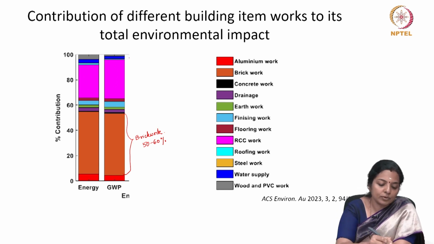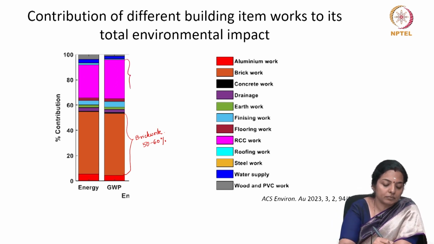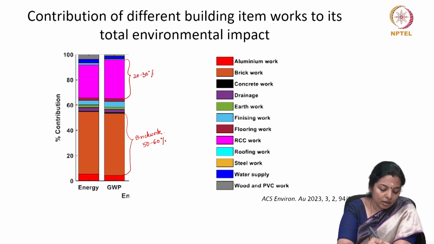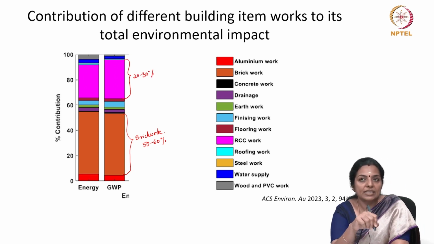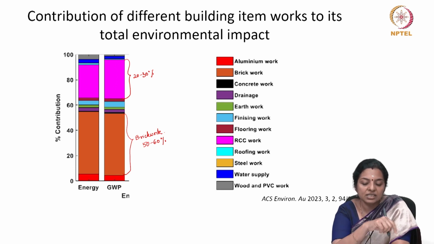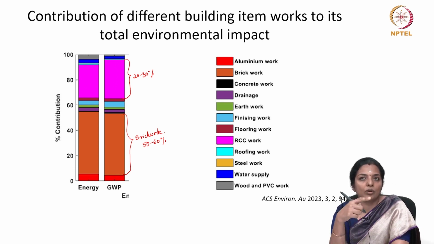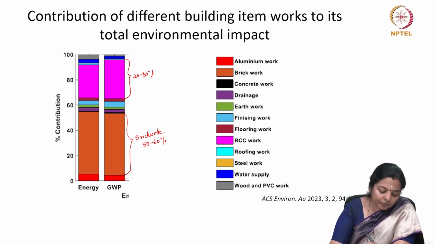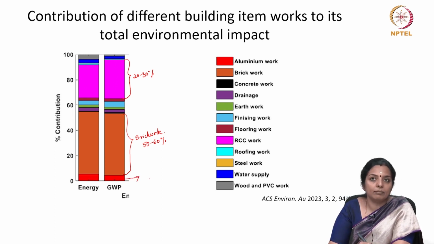RCC contributes about 20 to 30% of global warming potential as well as embodied energy release. So, all work involving reinforced cement concrete, while all works related to aluminum contribute about 4 to 5%.